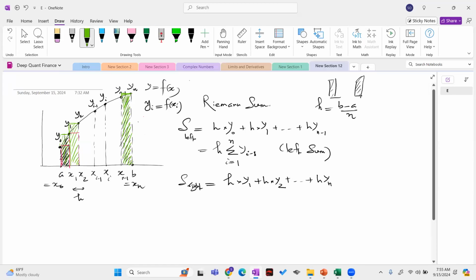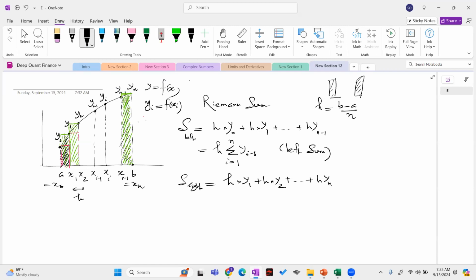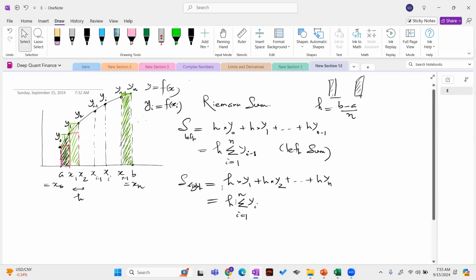So the green rectangles add up to the right sum. Okay, so I can write this as h summation y i, i equal to 1 to n. Same thing. As per this figure, we will overestimate the area, correct? Okay, so yeah, we got this.